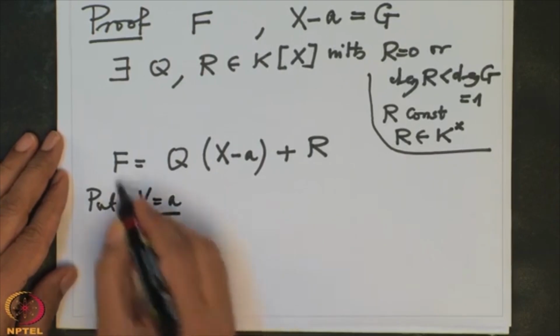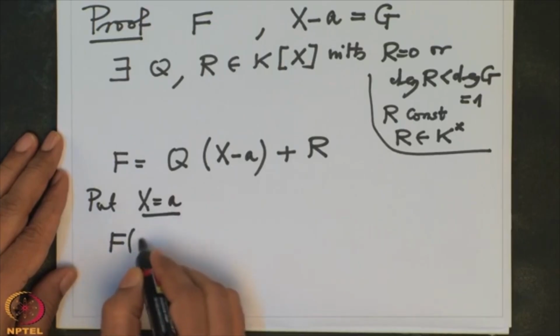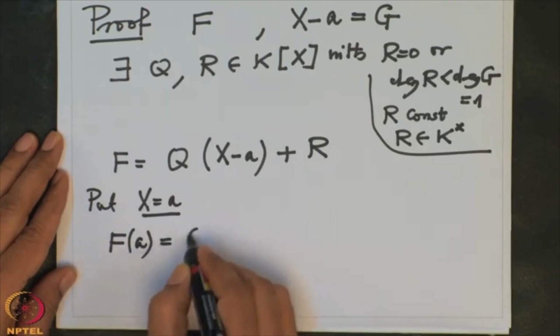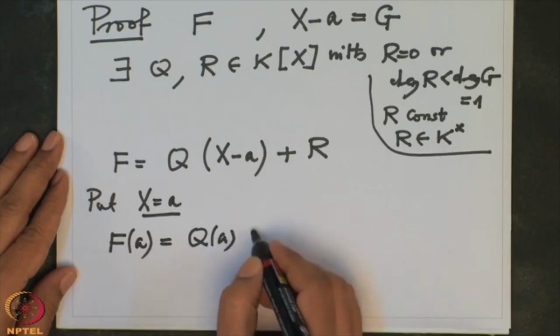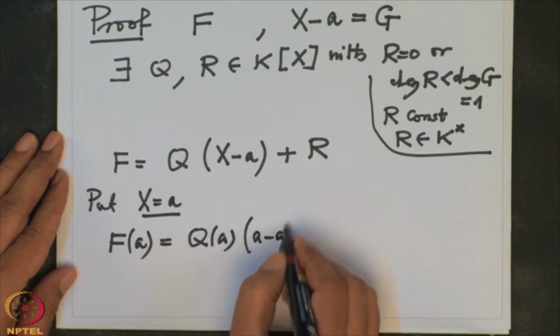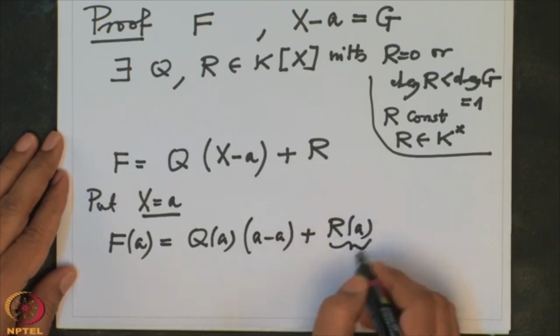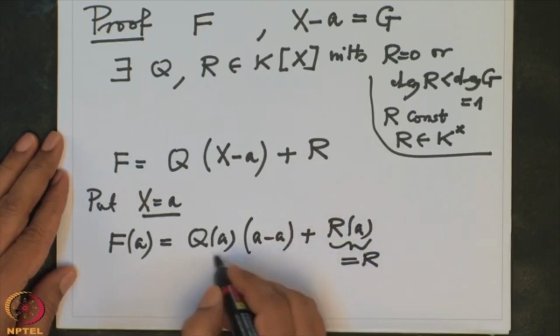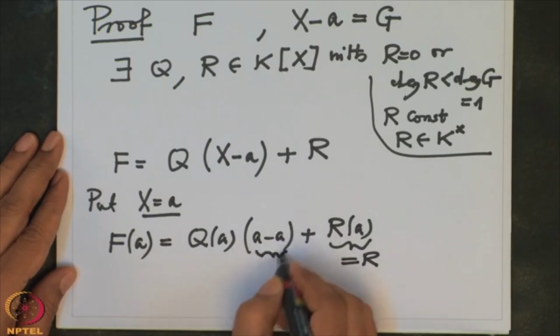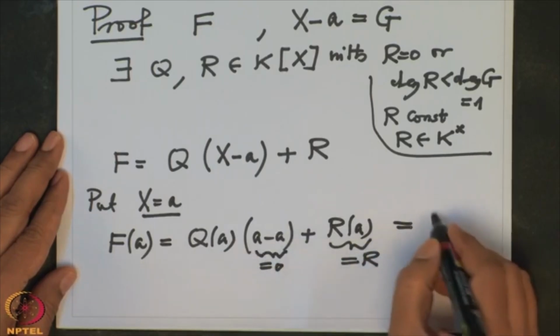What do I get? This side I will get f of a, the other side I will get q of a times a minus a plus r of a. But r of a is r itself because it is a constant polynomial, and this is 0. So altogether it is r.